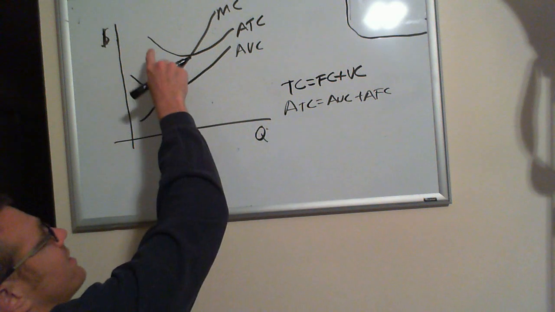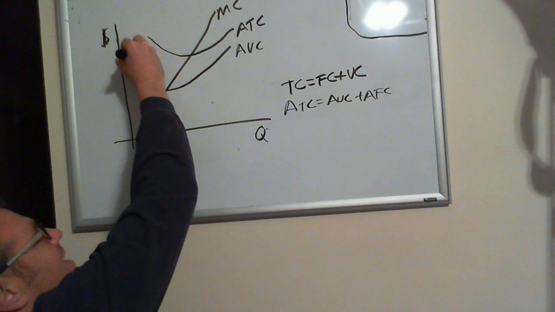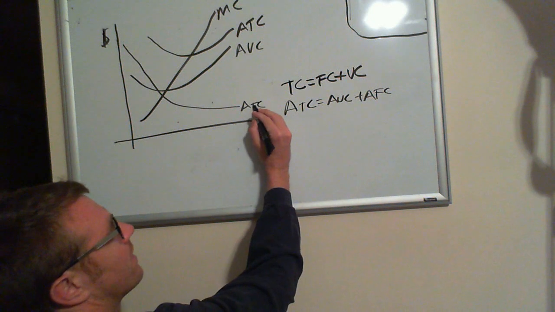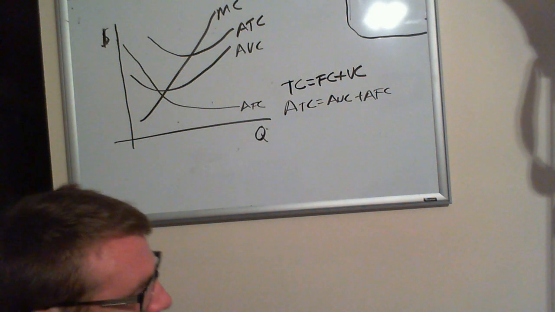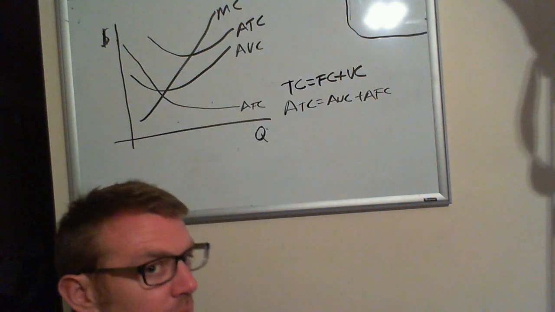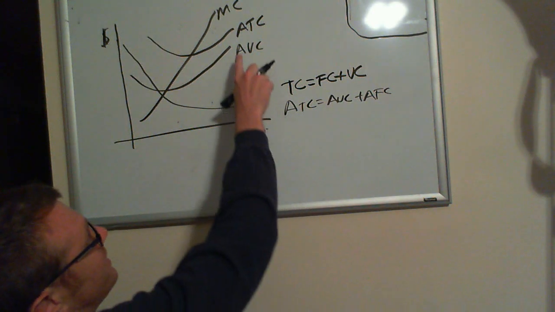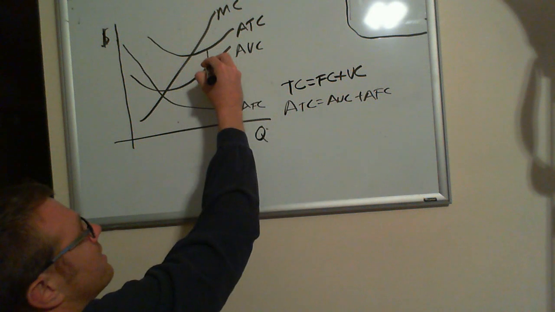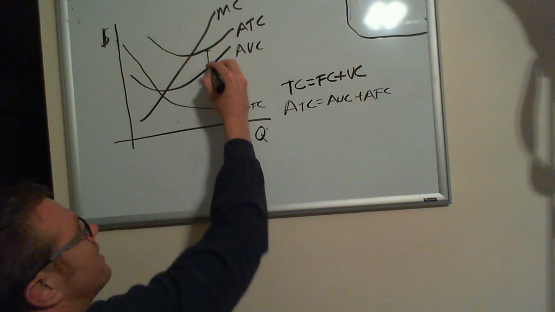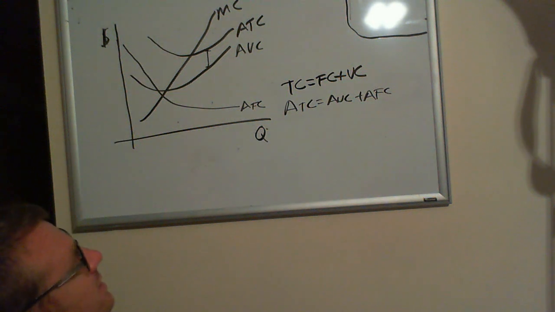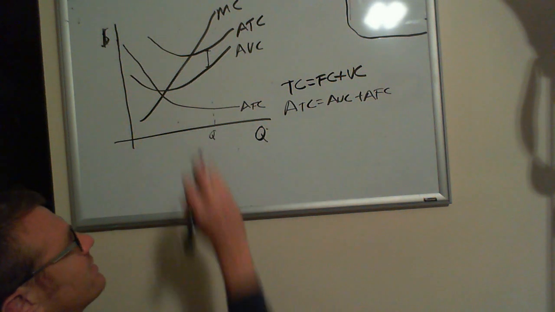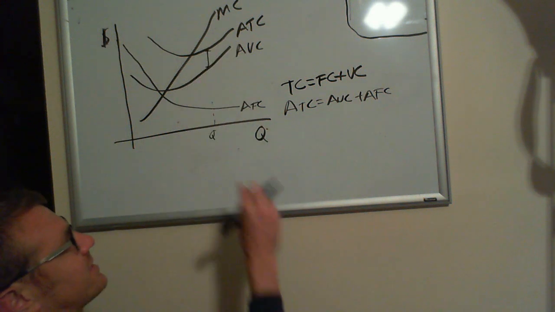And so that's what happens here: we technically have an average fixed cost curve that looks like that, constantly decreasing. But one thing you'll notice is that the difference between ATC and AVC at any given quantity, for example here, that's average fixed cost, right? The height of this curve at that quantity is average fixed cost. It's the same as the difference.